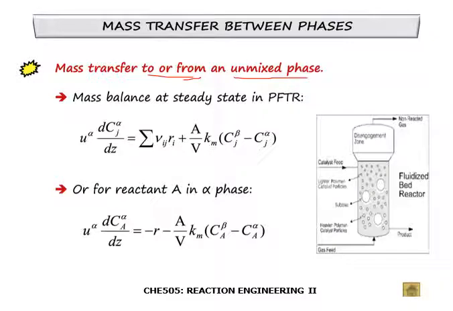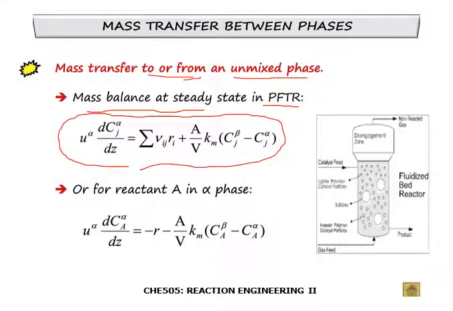For example, in a PFTR, plug flow tubular reactor, the mass balance at steady state is the same as this one. The average velocity at alpha times the differentiation of the concentration of species J at the alpha phase divided by the differentiation of Z, the length of the reactor, or how long the fluid flows, how long the fluid travels.